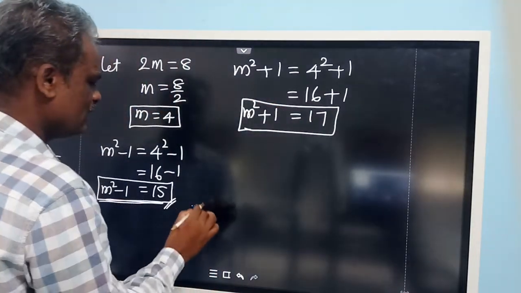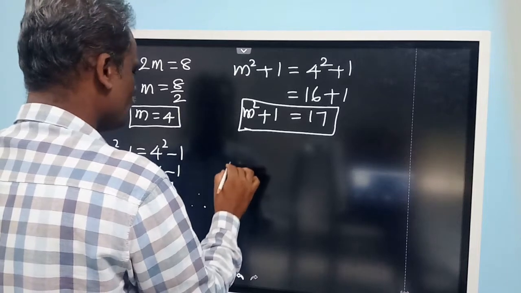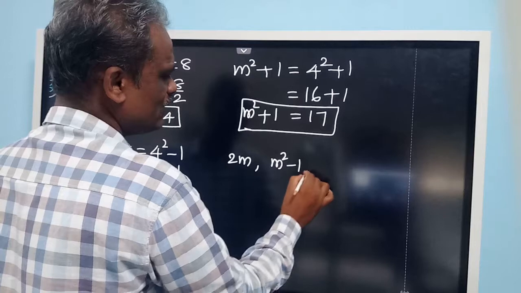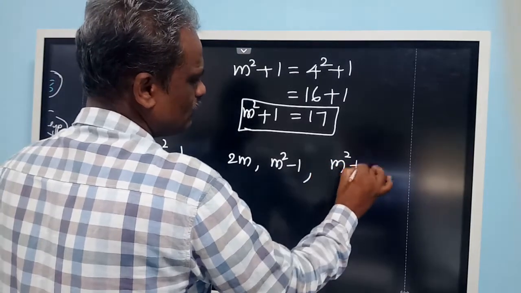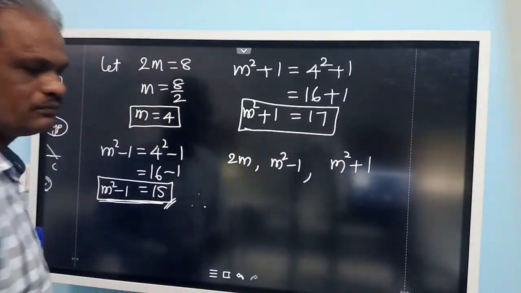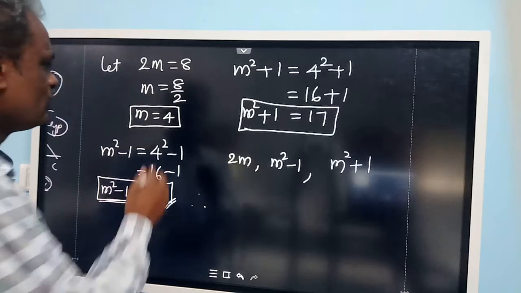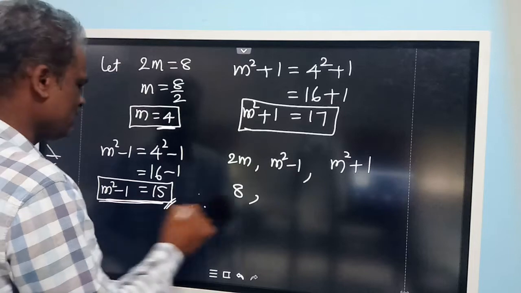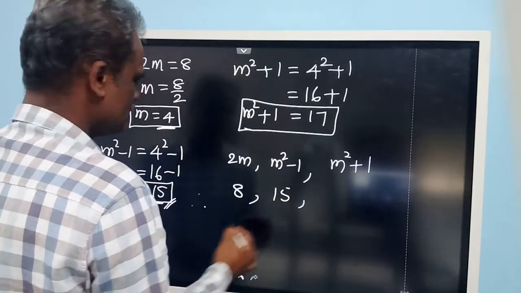So therefore the Pythagorean triplet: 2m, second number is m square minus 1, third number is m square plus 1. What is 2m? Sir, 8. 8, don't take that as 4. 8, comma, m square minus 1, 15. Sir, 15.